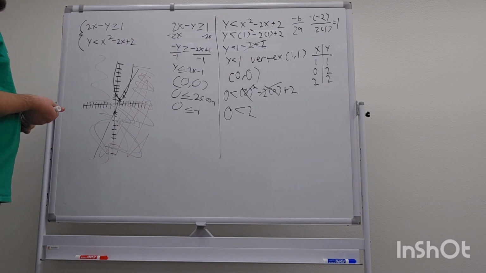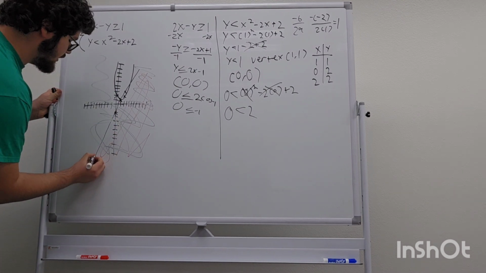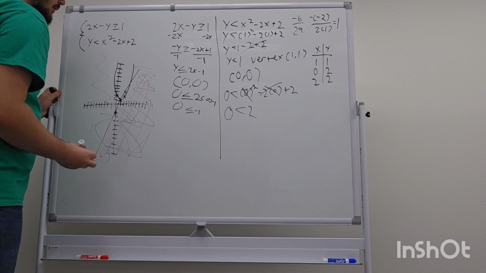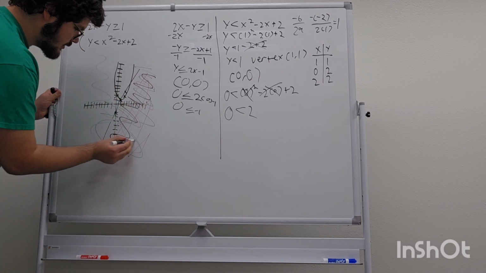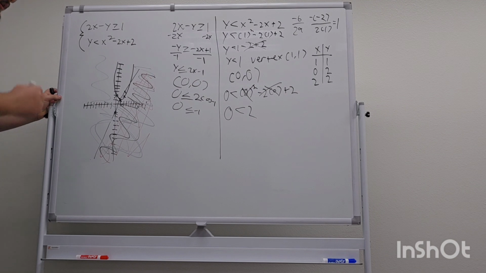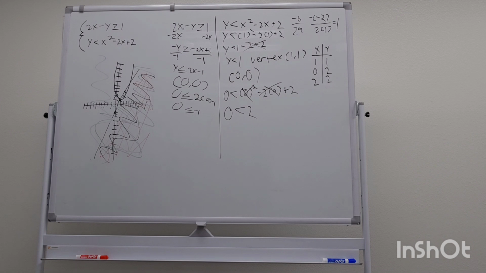So we have our line here, our parabola here, so that would make this area, not including this little spot inside the parabola, our solution set for this system of inequalities. Now, that should be all. We have explained systems of equations and systems of inequalities, and I hope that covered about everything.